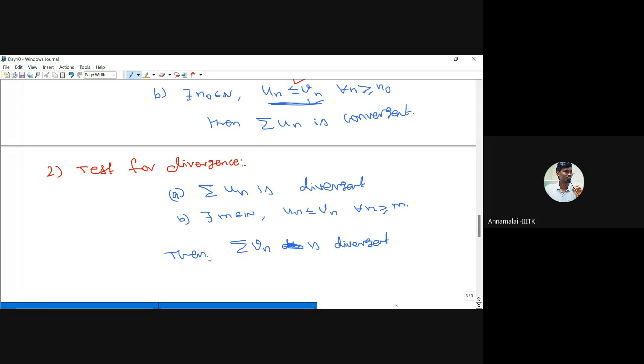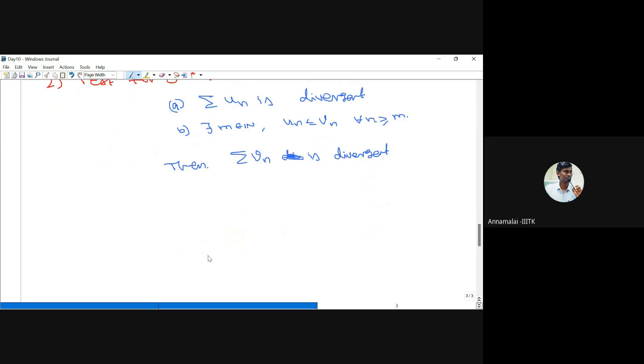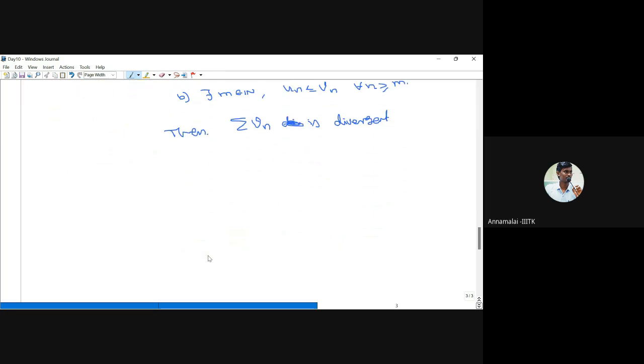Then we have another important theorem, the limit comparison test. I will state that and then we discuss some examples.